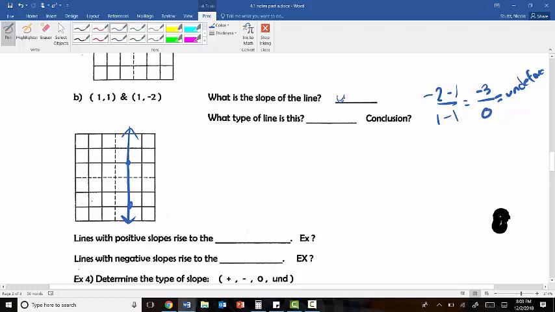We just write undefined, meaning we can't compute it. We'll always get this error kind of answer. So our conclusion is going to be, if you have vertical lines, no matter where they are, if it's a vertical line, you're going to have an undefined slope.